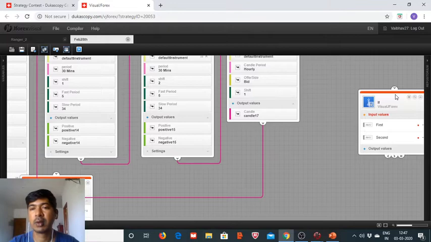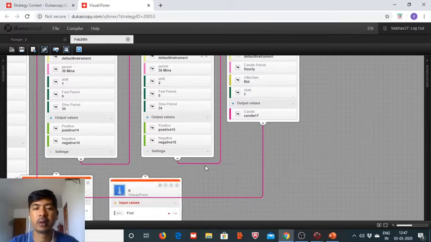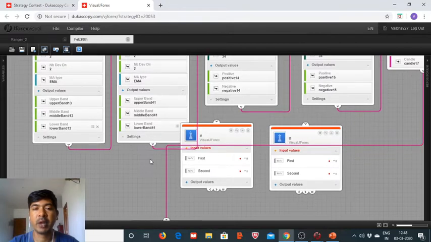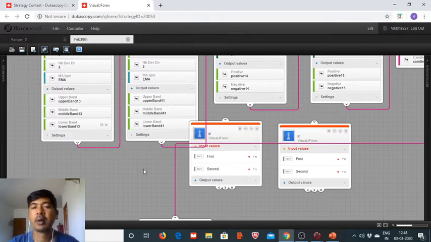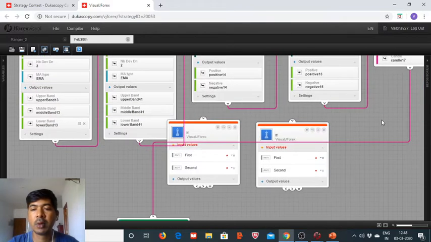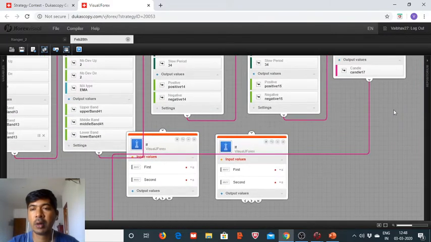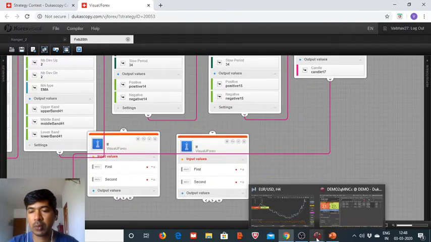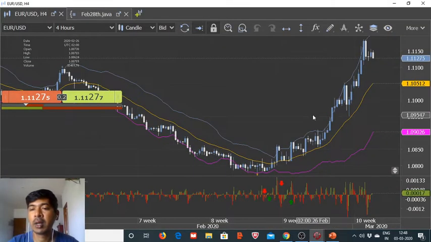and what we will need is the middle band. We can even do one thing. We can simply use this hourly candle close only.